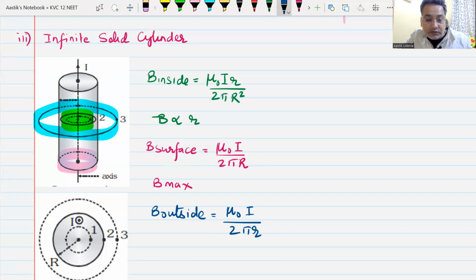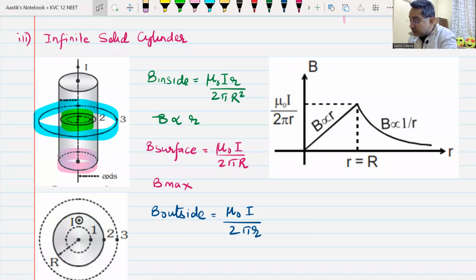If you draw a graph between magnetic field and the distance from the center, this is how the graph would look like. As you can imagine, the graph inside would be a straight line because it is directly proportional. So that I will draw as the green thing. In the green thing, it is inside, so magnetic field is directly proportional to r.